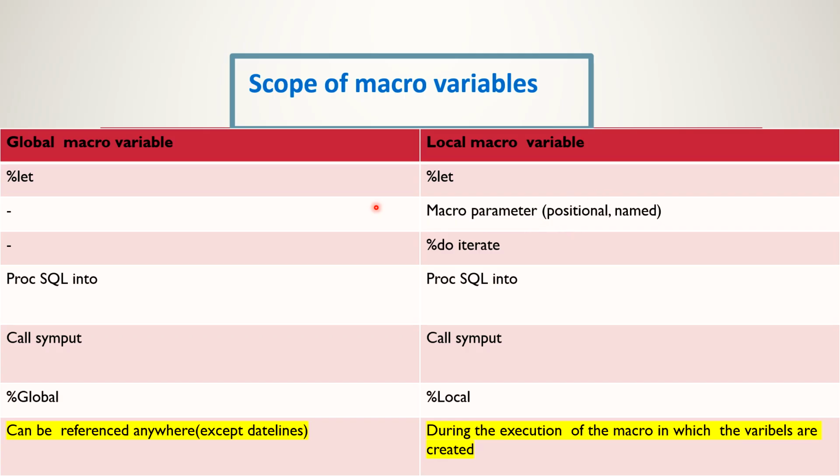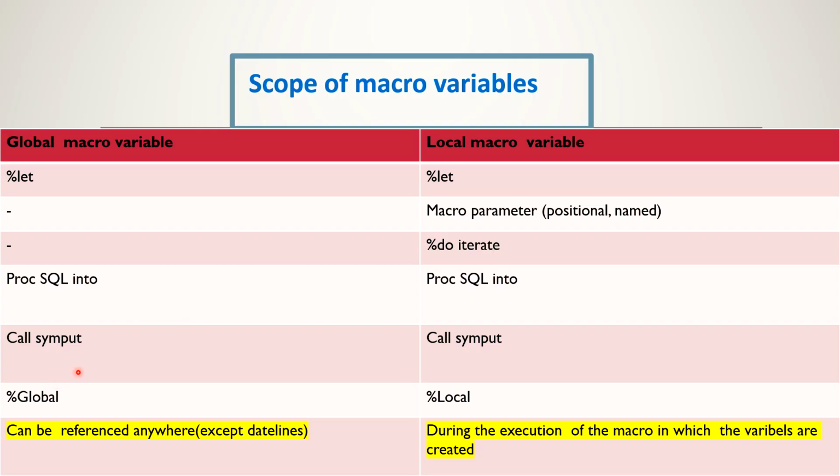Then %do iterate also cannot create variables outside the macro, so we consider it local. With PROC SQL INTO, we can create the macro variable inside the macro and also outside, so we consider both: global and local macro variables.